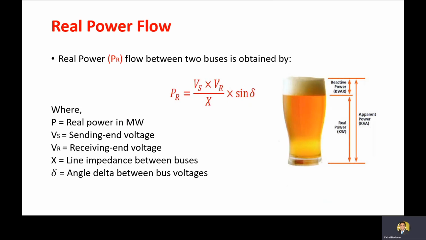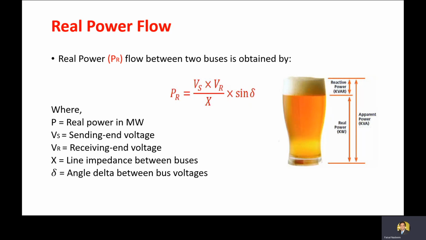As you know, the real power flow between two buses is obtained by the following relation. P equals the sending end voltage multiplied by the receiving end voltage divided by reactance, multiplied by sine of delta, where P represents the real power in megawatts, Vs represents the sending end voltage, VR represents the receiving end voltage, X represents the reactance of the line, and delta is the angle between the sending end voltage and the receiving end voltage.